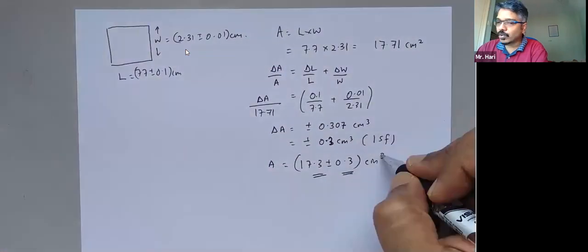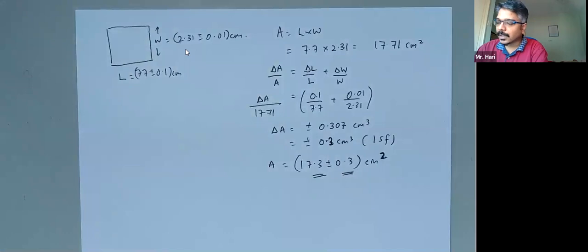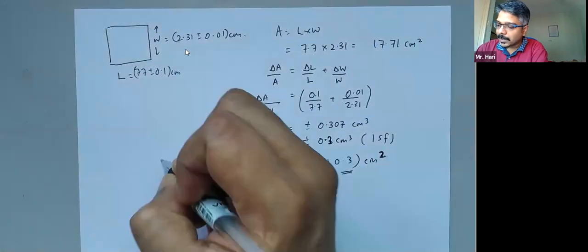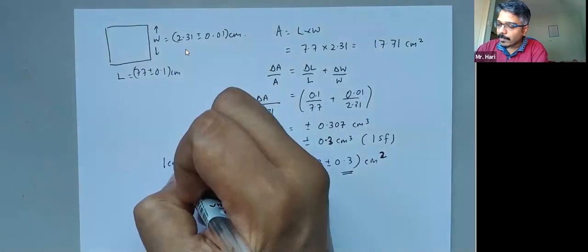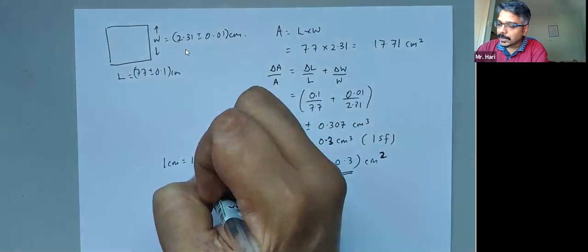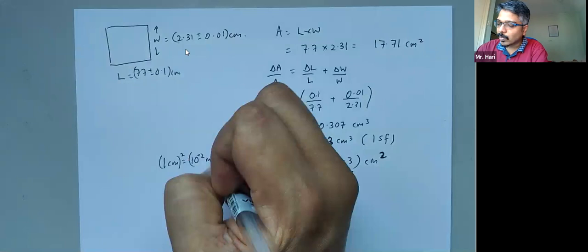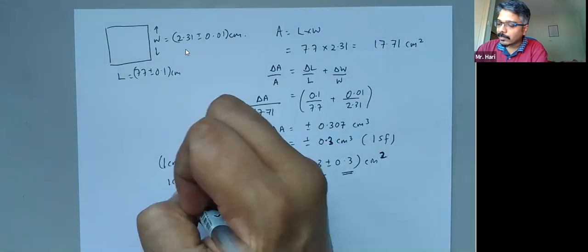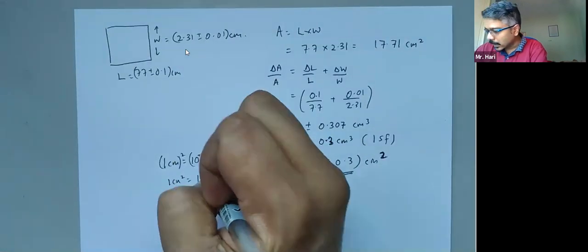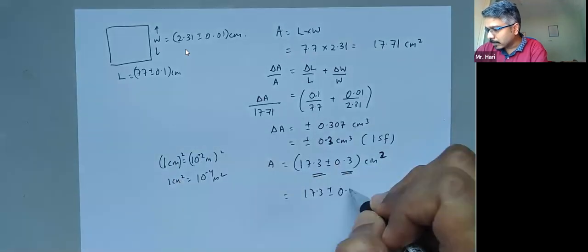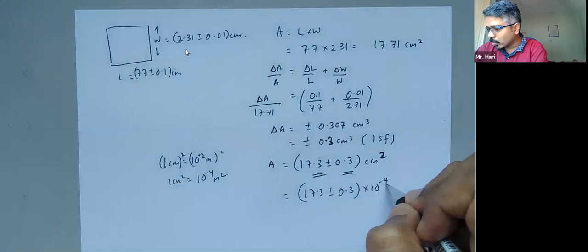So if you want to change to meters squared, 1 centimeter is 10 power of negative 2 meters. So I square both sides. So I get 1 centimeter squared equals 10 power of negative 4 meters squared. Hence 17.7 plus minus 0.3 times 10 power of negative 4 meters squared.